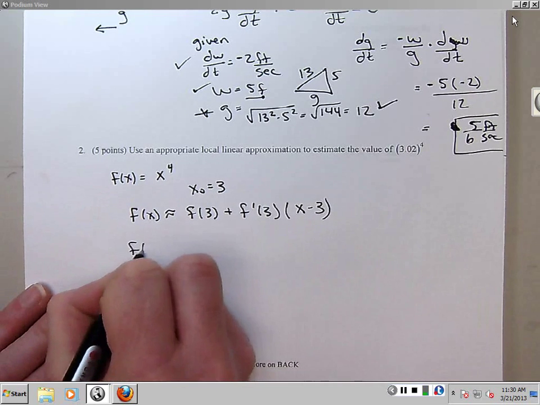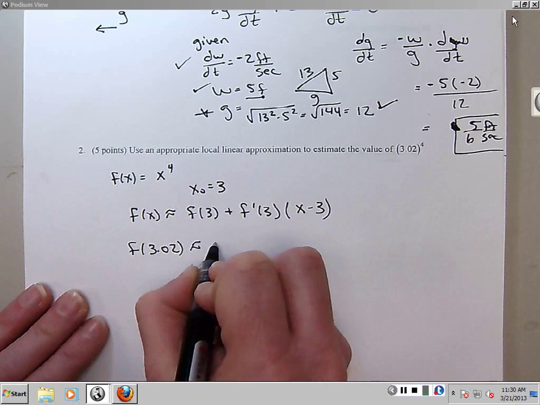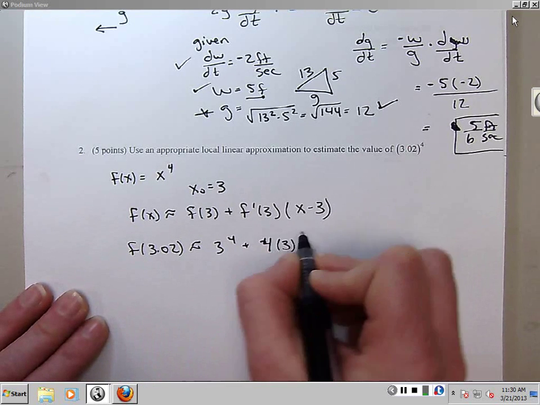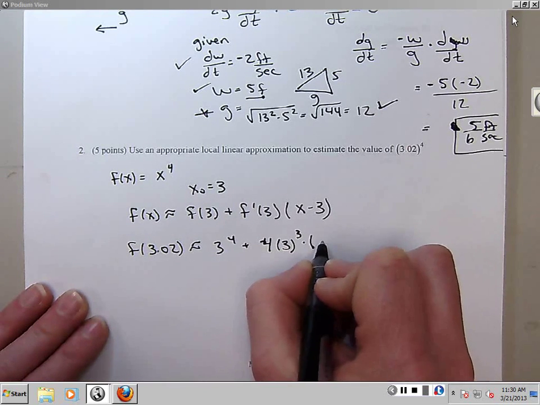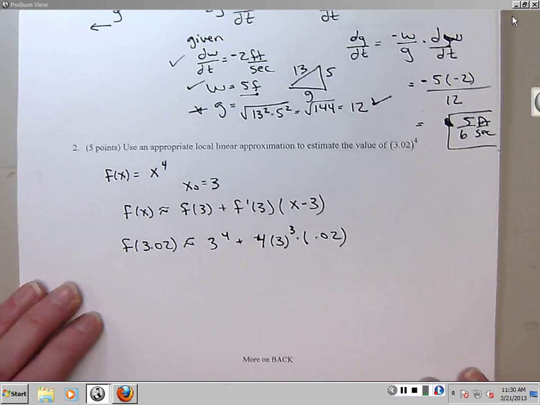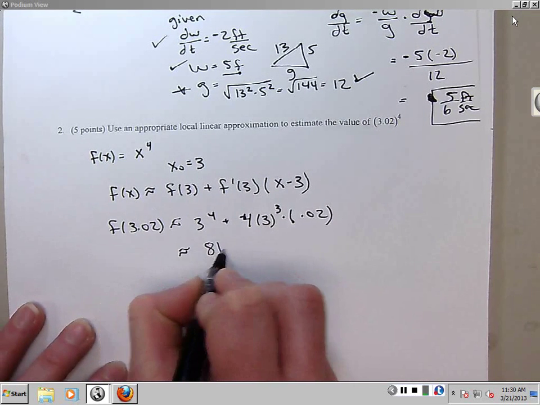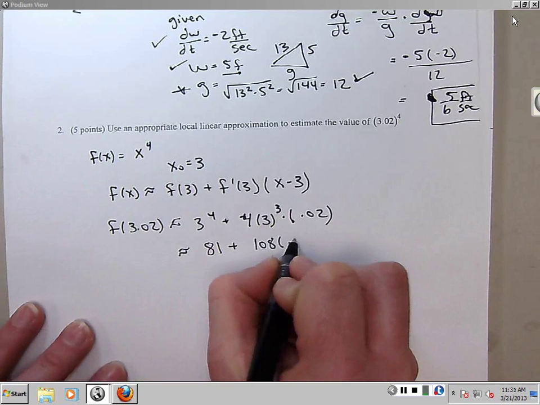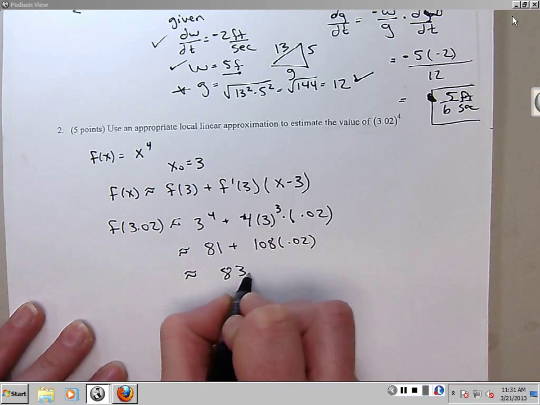So if I want to approximate the function at 3.02, I have 3 to the 4th plus 4 times 3 cubed times 0.02. This is approximately 81 plus 108 times 0.02, which is approximately 83.16.